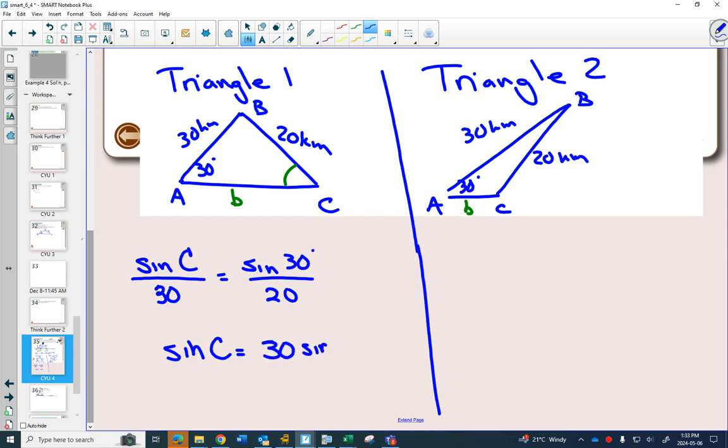Multiply both sides. And now I'm going to give you a mental math challenge without a calculator. Can you tell me what this fraction is in lowest terms?